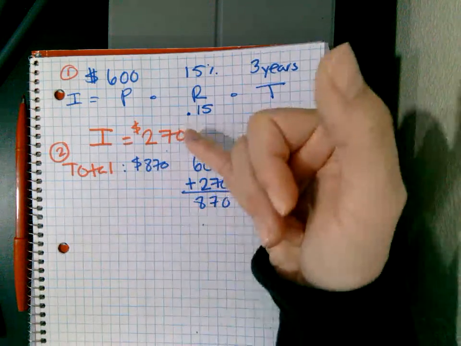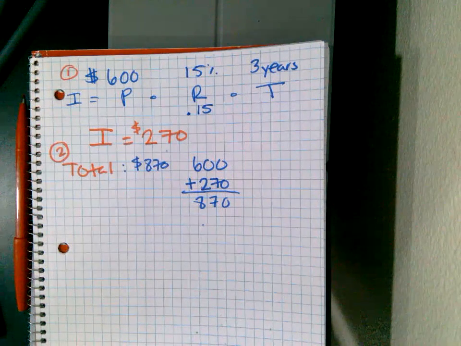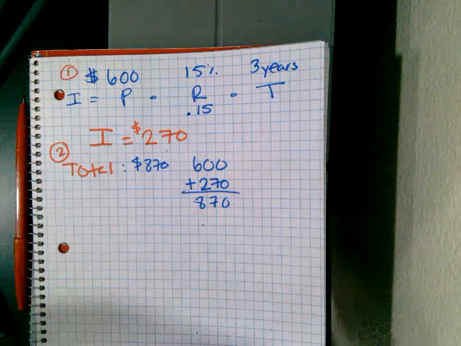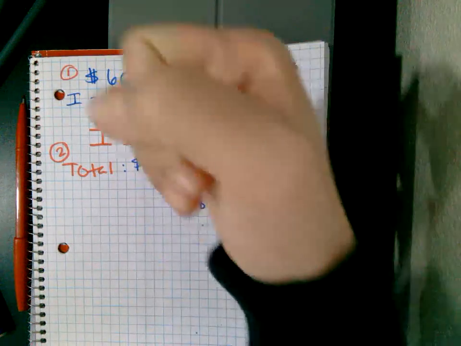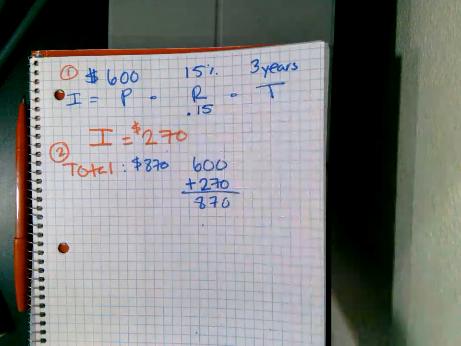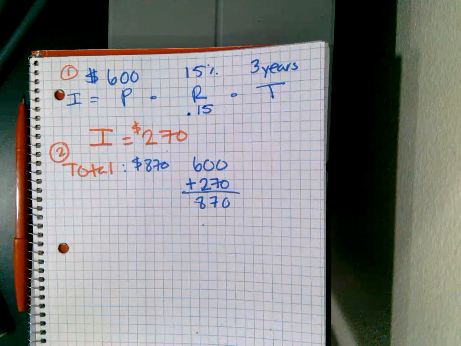You don't just pay back the interest, you also pay back what you borrowed. So 600 plus your interest of $270. At the end of the day, you end up paying $870.